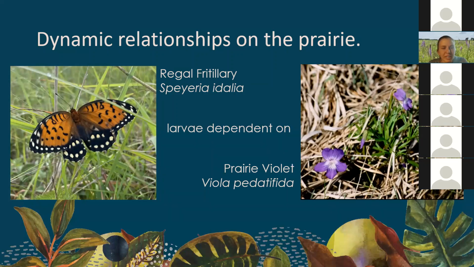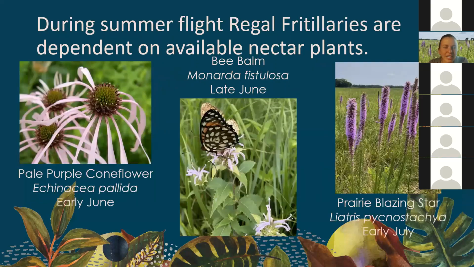So the regal fritillary will lay its eggs in late fall. Those eggs will overwinter on the prairie, and when they emerge, they will start consuming on this prairie violet. Later in the spring and early summer, that larvae, once it's eaten enough of that prairie violet, will go into chrysalis. And as it emerges, it's going to want something for a nectar source.